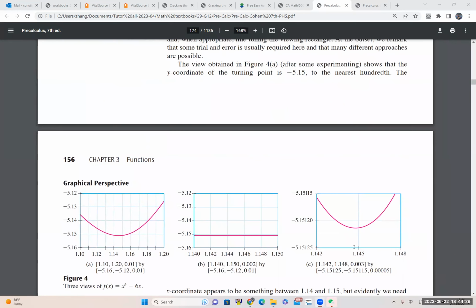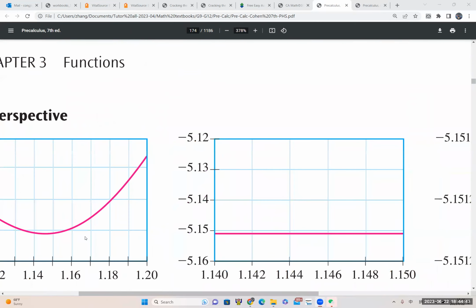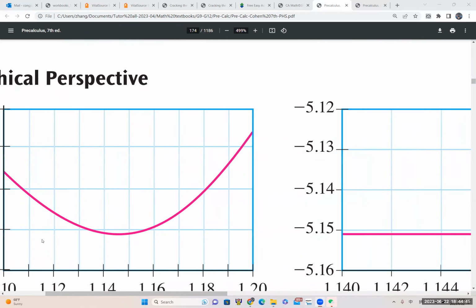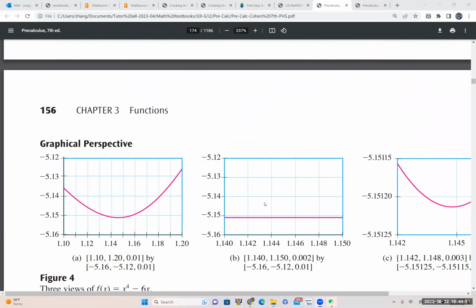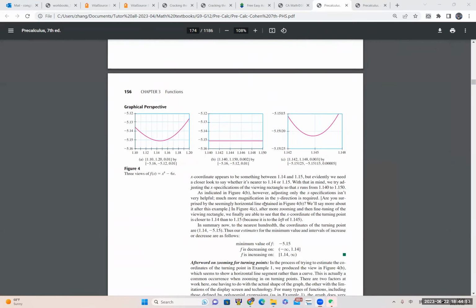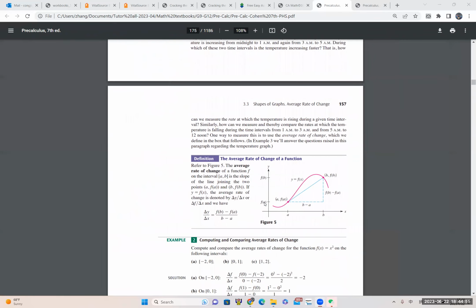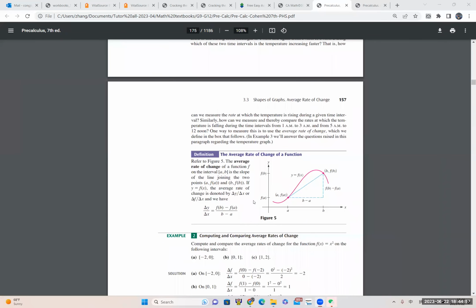We will not talk too much about turning points. Suppose we just let this go large enough to find it. But we do need to go through the average rate of change.